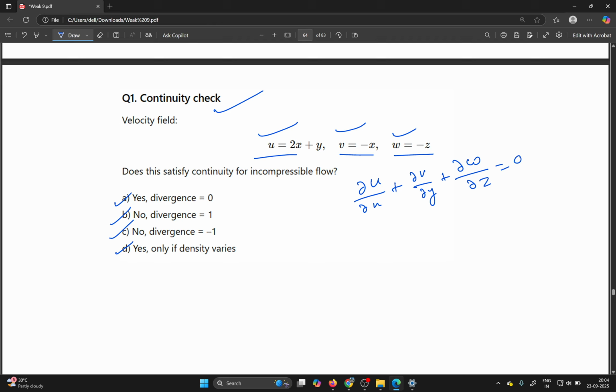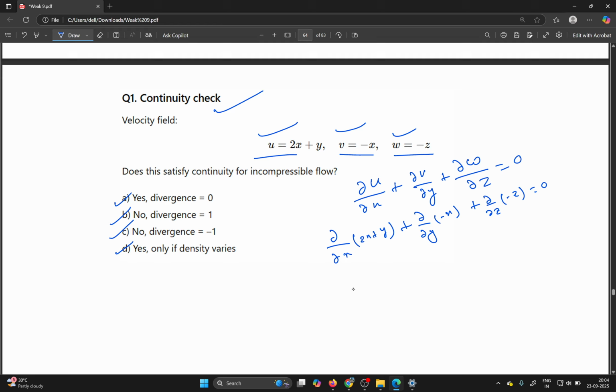So what is the first term? The first term will come if you put here 2x plus y minus x minus z is equal to 0.